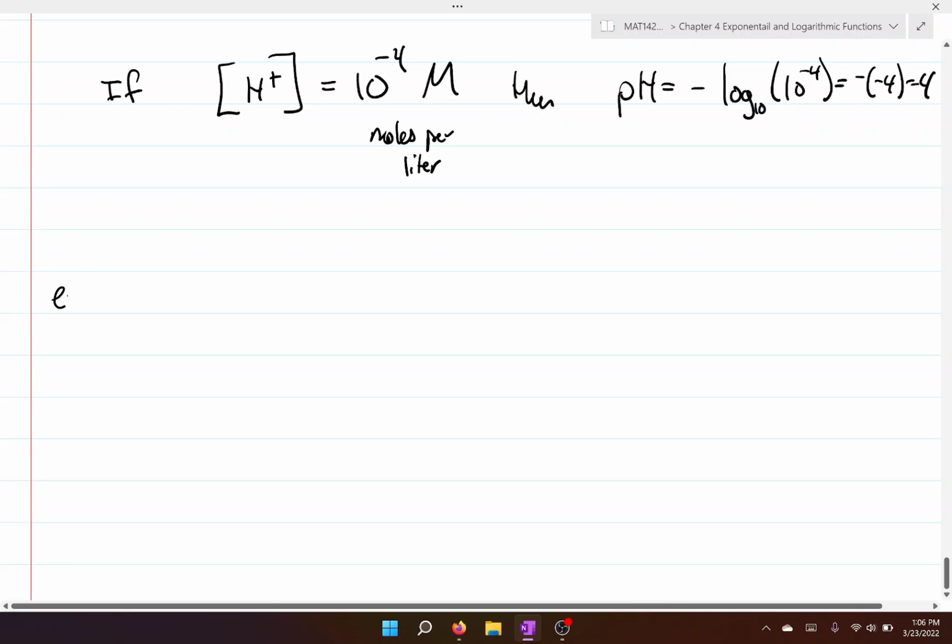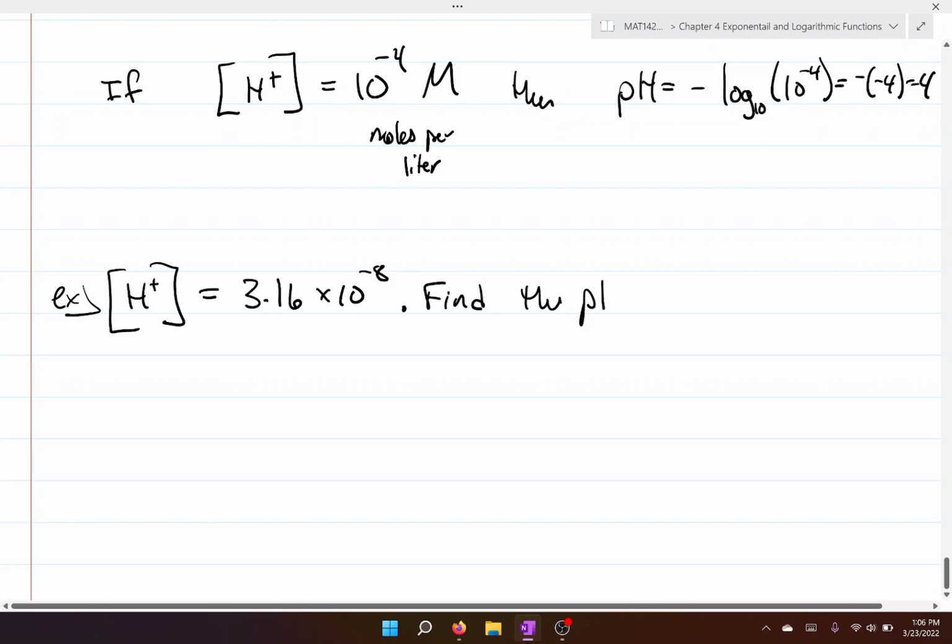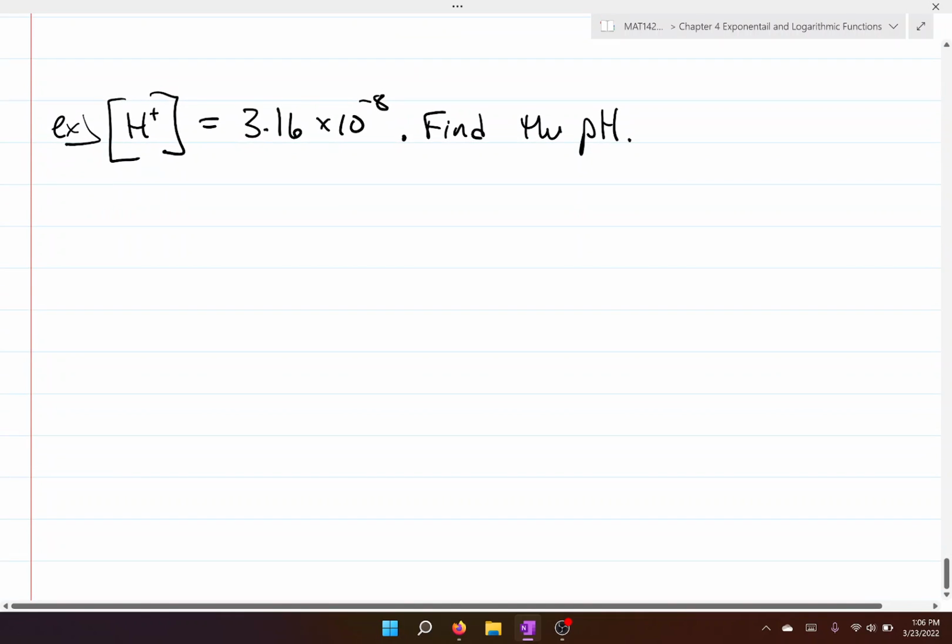So here's our first example. The hydrogen ion concentration is equal to 3.16 times 10 to the negative 8th. Find the pH for that. So all we really have to do here is just follow that model that we just did. We know pH is equal to the negative log base 10 of the hydrogen ion concentration.